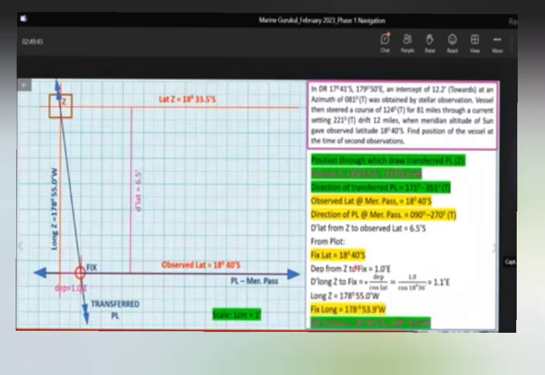And eventually we get the coordinates of this fix as 18 degrees 40 minutes south, 178 degrees 53.9 minutes west. Please see here this longitude of 1.8 minutes east applied to longitude of Z gives us this longitude of fix, and therefore through deployment of our knowledge of simultaneous observations we can get this plot done and get our answer.